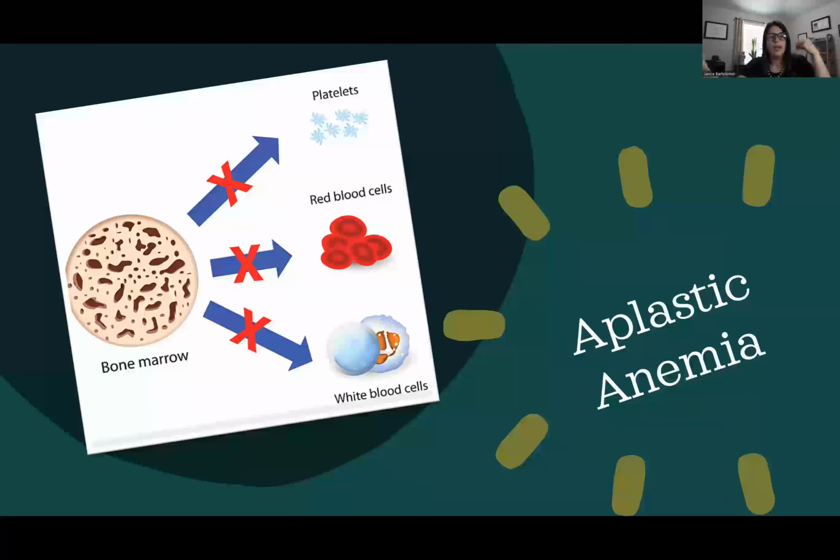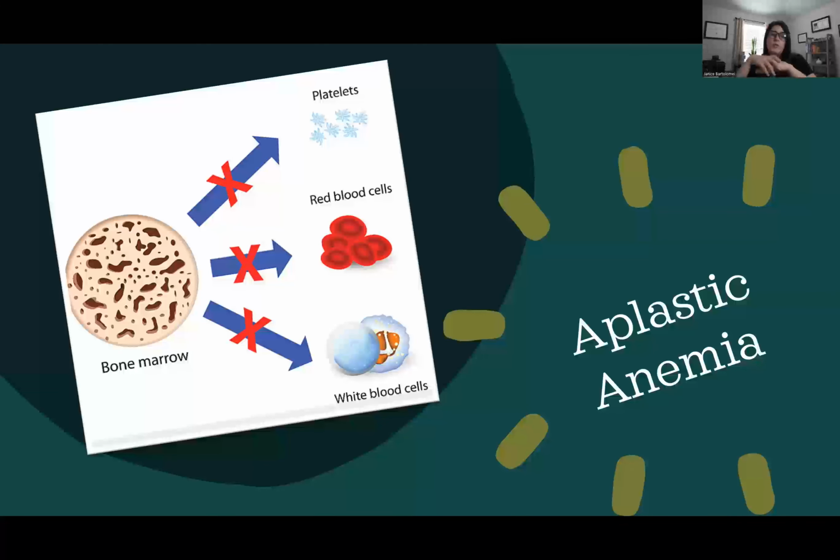I told you that anemia has a problem with red blood cells, and then you had all these symptoms. So if my bone marrow is not producing my red blood cells, then what do you think my symptoms of aplastic anemia could be? Yeah, it's going to be basically no oxygen, the lethargy, the paleness, the tachycardia, tachypnea, and all of those.